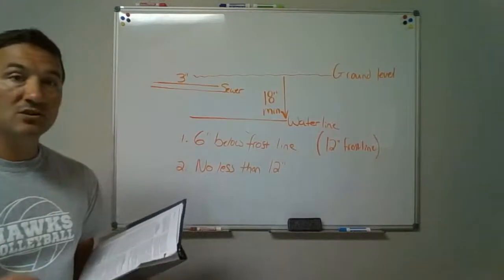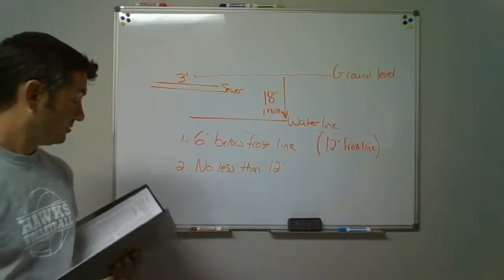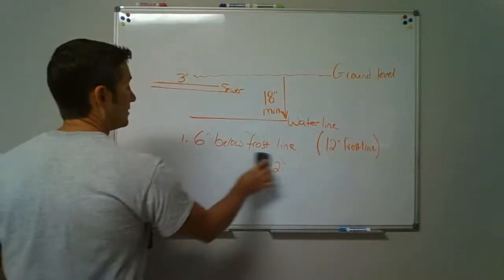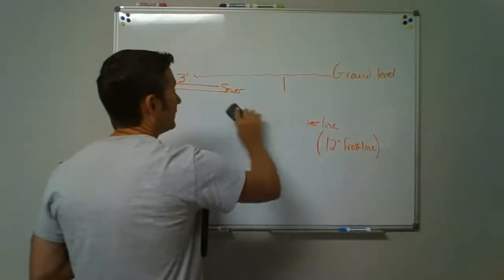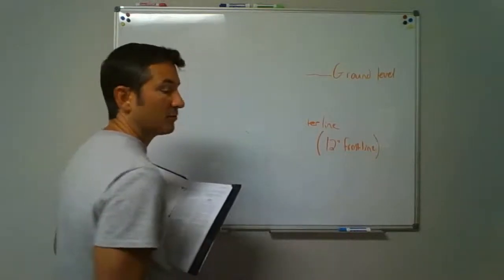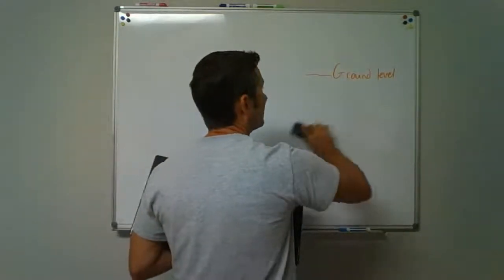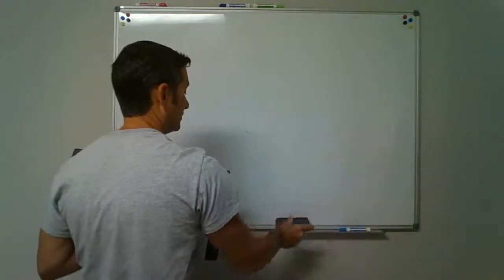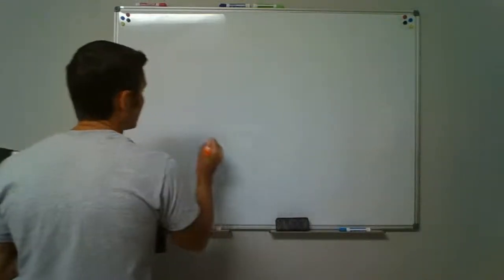Protection against physical damage. Okay, so when we're installing those lines, remember all the water lines, anything that's plastic, as you read this section, it'll say for plastic water piping, anything other than metal. Here's the floor.